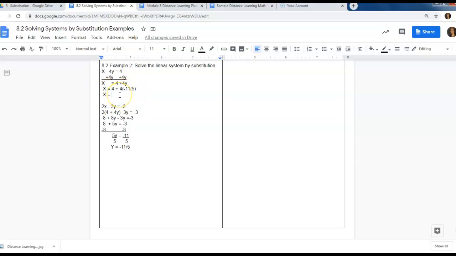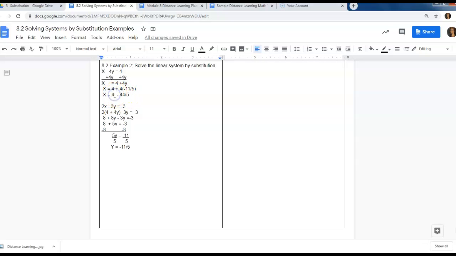But I'll just do it. So I have the 4. The thing that stands out is the multiplication right here. So I've got to multiply that. A positive times a negative is a negative. So I put minus, and then 4 times 11 is 44. And then the fifths stay like that. So I've got to find the common denominator. This 4, if I want to put it in fifths, 4 times 5 is 20.